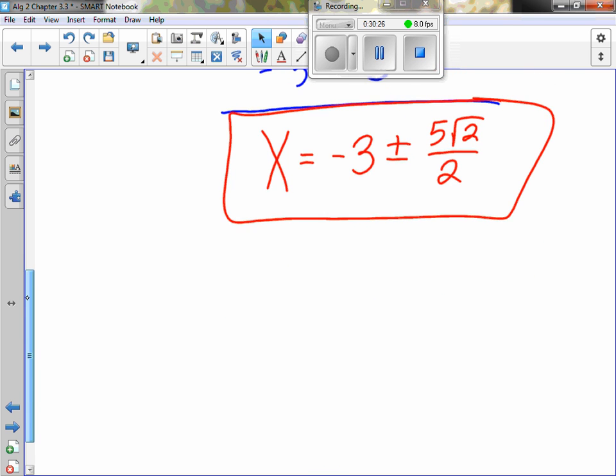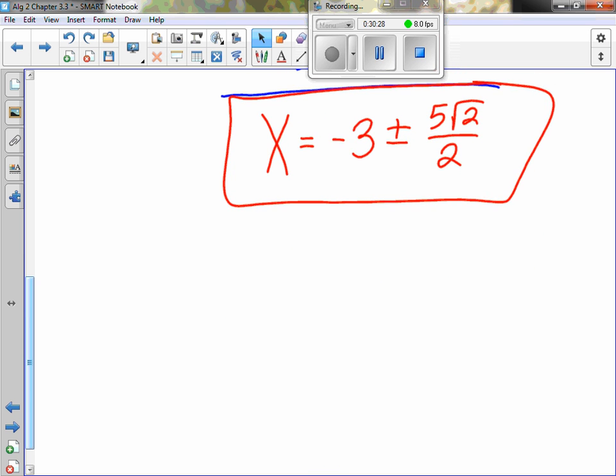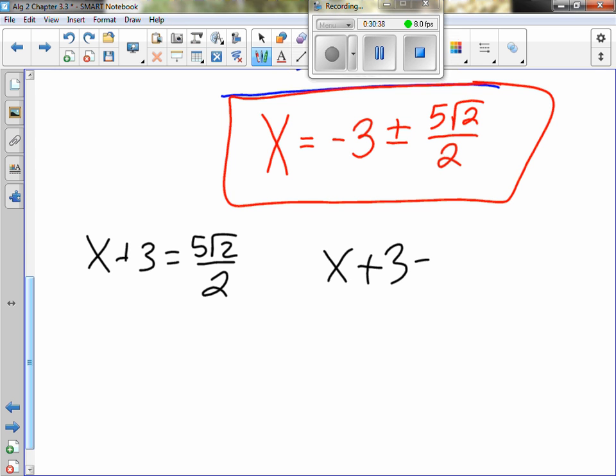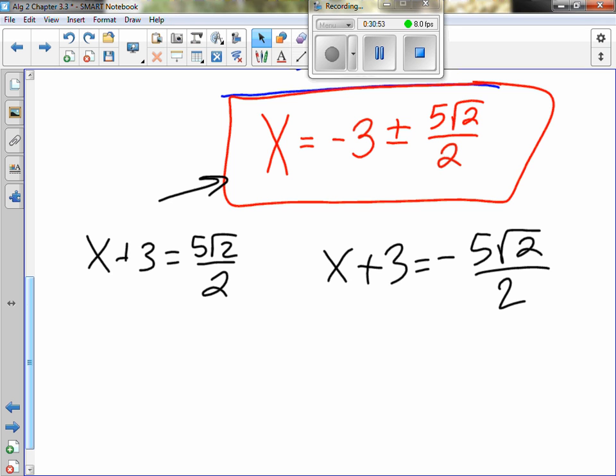Before we did that, it was x plus 3 is equal to 5 square root of 2 over 2, and x plus 3 is equal to negative 5 square root of 2 over 2. So then when we subtracted 3, it looks a little bit different. This here, the plus or minus, is an easy way to write this as one statement. It's an easy way to solve this as one statement.